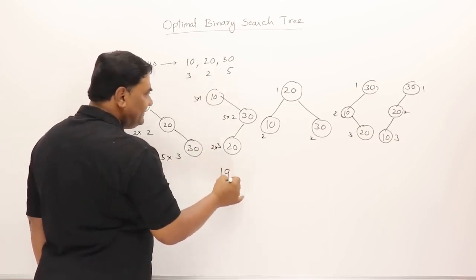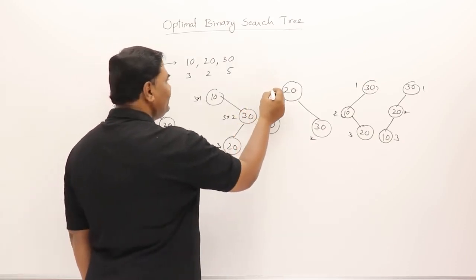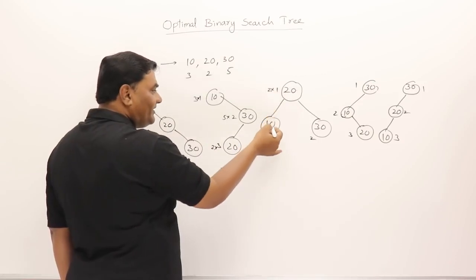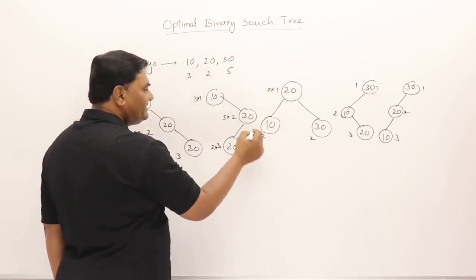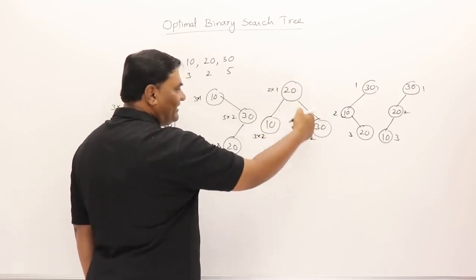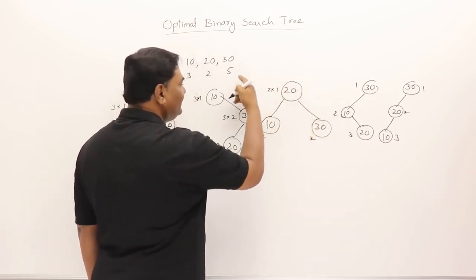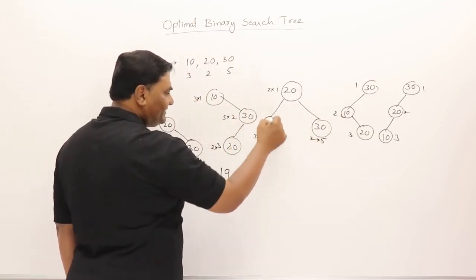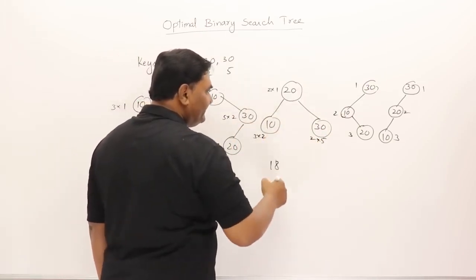So this is 19. And here the number of comparisons is 2 and its frequency is 3. So this will be 3 into 2. And the number of comparisons required, that is the level, is 2 and its frequency is 5. So this is 10 plus 6 plus 2, this is 18.